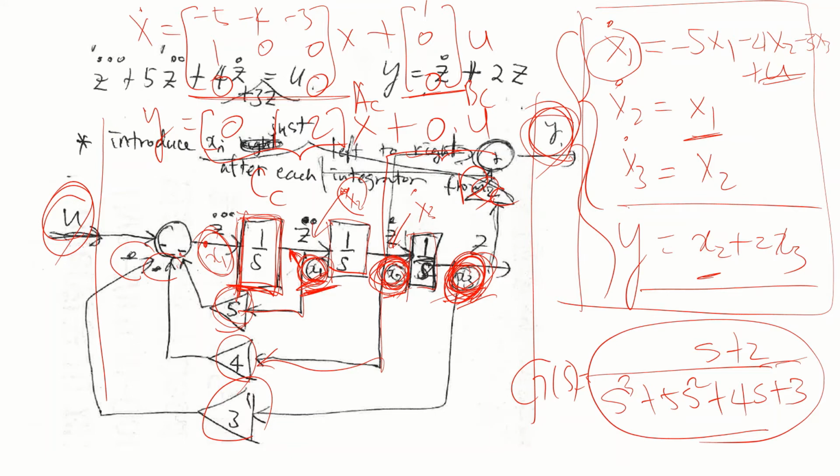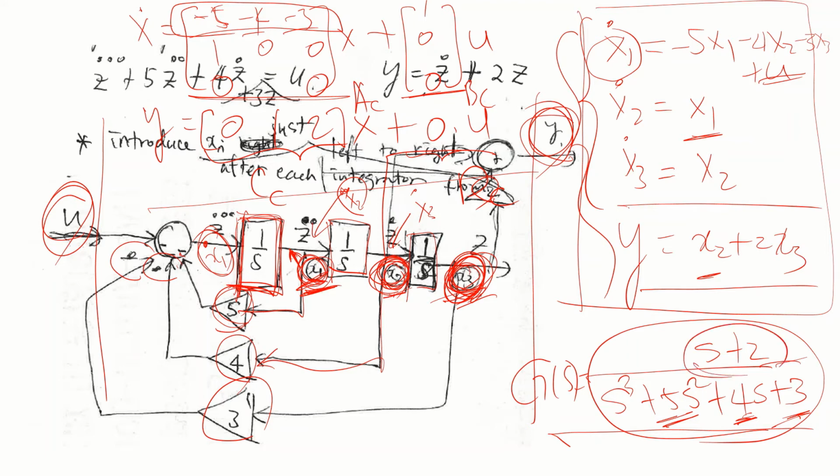Now, by comparing this state model with the transfer function, you can see that these 5, 4, 3 appear in the first row of the A matrix with negative sign. So 5 goes to minus 5, 4 goes to minus 4, and 3 goes to minus 3. So that appears in the first row of the A matrix. And how about this?